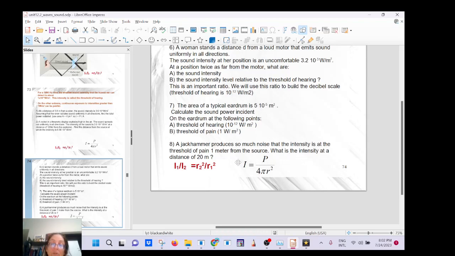So here, you can try to do this one. You multiply the distance by 20. So threshold of pain.